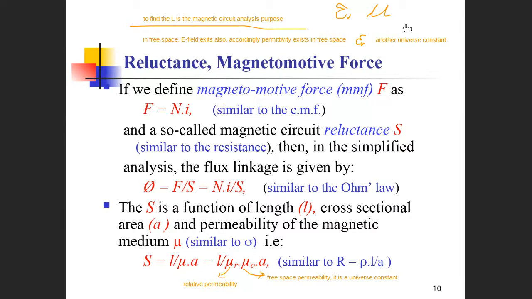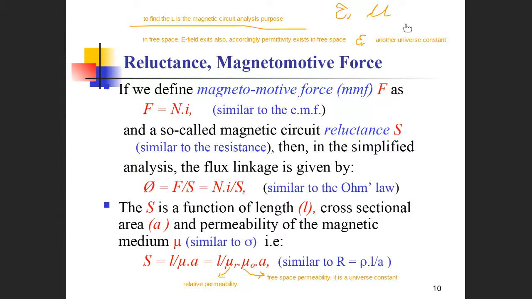We weigh the materials, the densities, and so on. But the electromagnetic field detects materials with epsilon and mu.